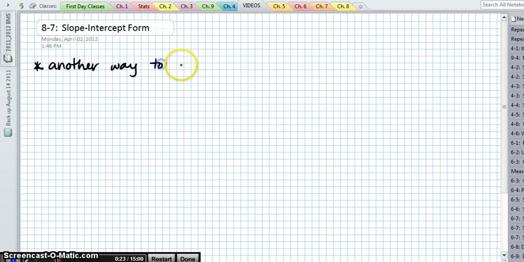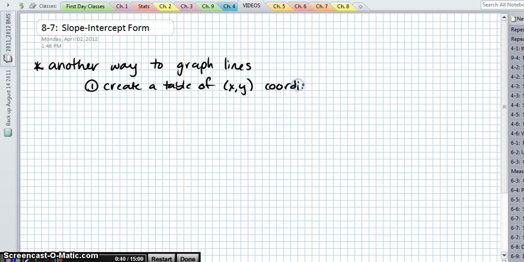to graph lines. And let's just remind ourselves of two other methods we've practiced. One, you can always create a table of values that make the equation true. And two, the other way is to find the x and y intercepts.